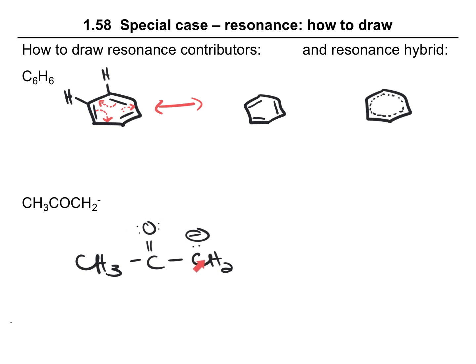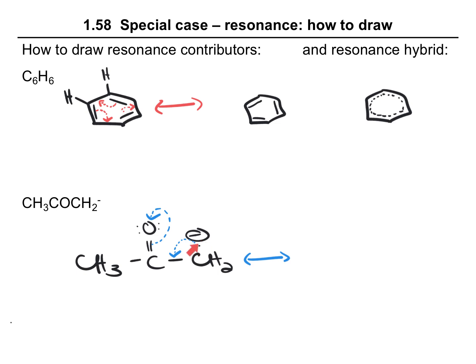This carbon must take on sp2 hybridization, which gives us electrons in a p orbital so that we have a pi system. Now we can draw another resonance structure where we imagine that these electrons move here between the carbons, pushing these electrons up here onto the oxygen.